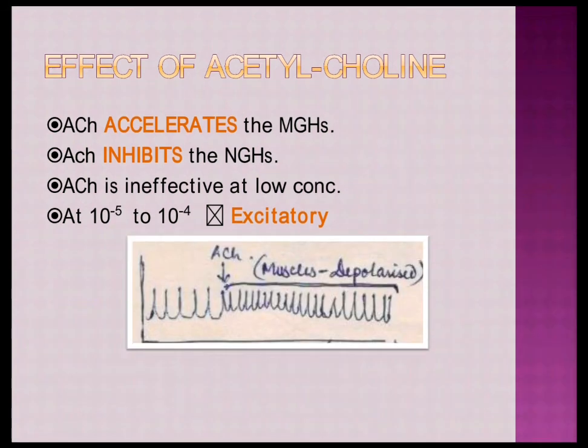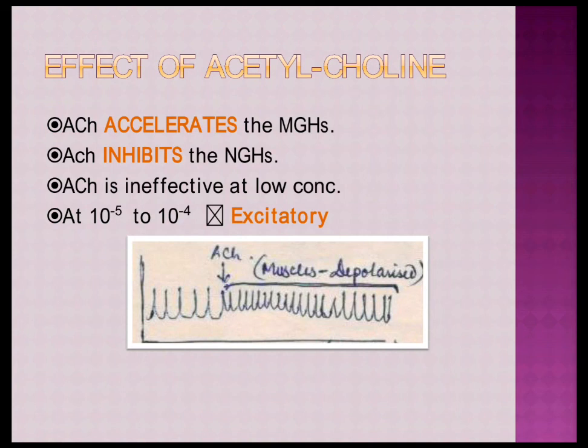Now in this particular graph, what I am trying to show you is that suppose this is a beat graph of a particular heart. This wave, a single wave, represents a single beat. The heart is beating like this: beat, another beat, next beat, next beat.